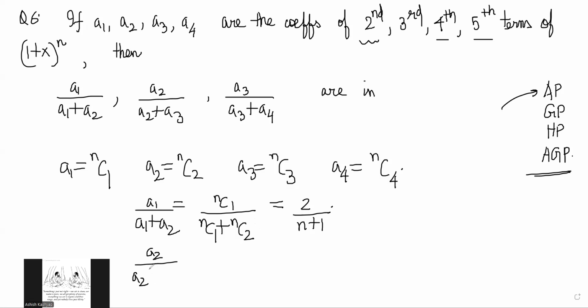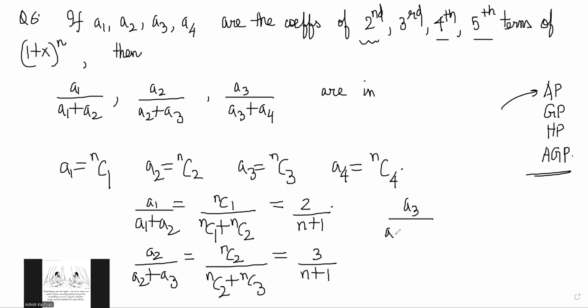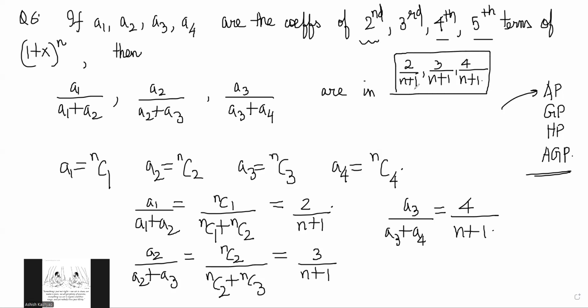Similarly, A2 by (A2 plus A3) will become NC2 by (NC2 plus NC3), and that simplifies as 3 by (N plus 1). And A3 by (A3 plus A4) will similarly simplify as 4 by (N plus 1). So notice that the terms are 2 by (N plus 1), 3 by (N plus 1), and 4 by (N plus 1). It is obvious just by looking at it, they have a common denominator and they are increasing by 1 by (N plus 1) each time. So it is in AP. So we have found that this is in AP.